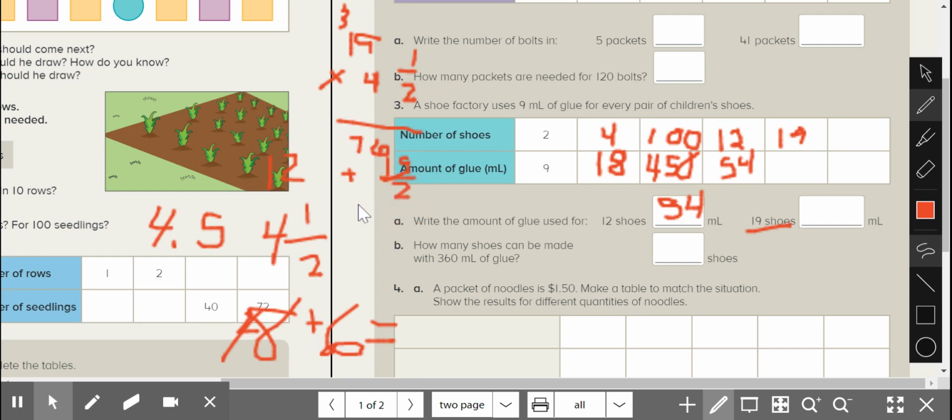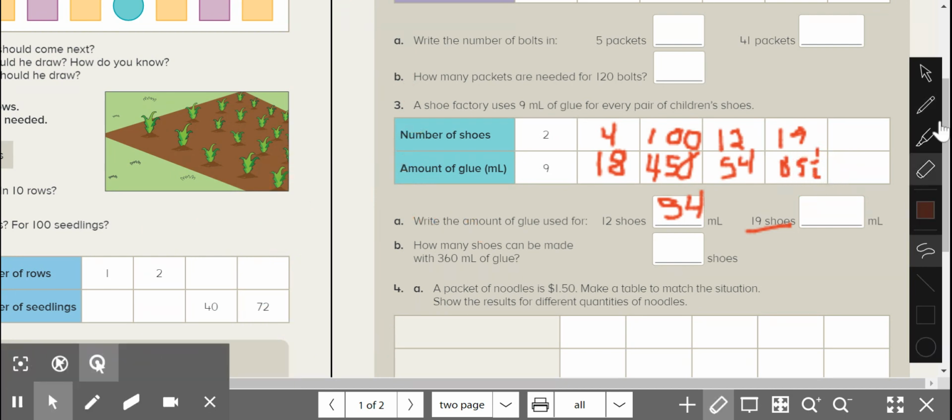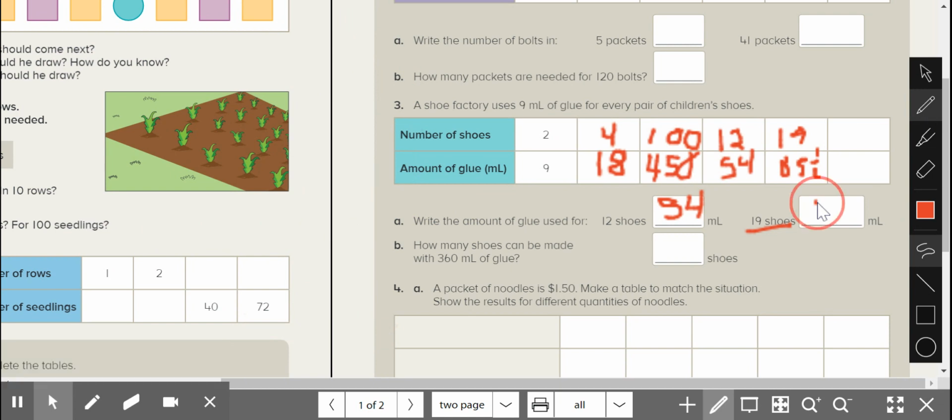We know that's not going to be an even number, so we're going to have a half. 19 halves is equal to 9 1/2. We add that to 76. 76 plus 9 1/2 is 85 1/2. I can say 0.5 as well if we'd like. So for 19 shoes, we'll write 85 1/2, and if you wrote it either way, it doesn't matter too much.